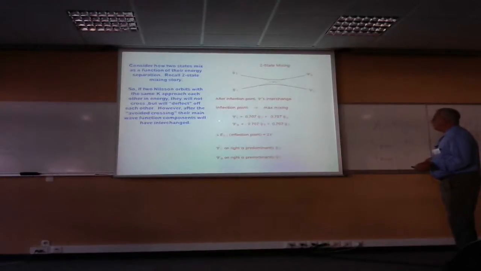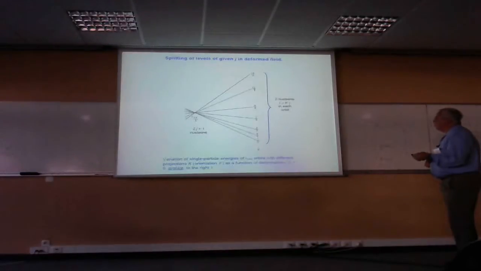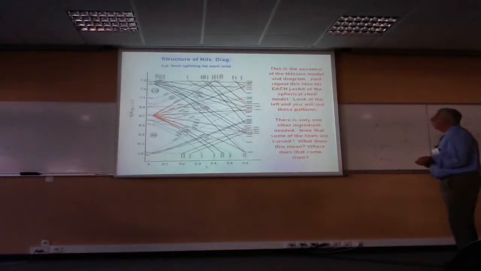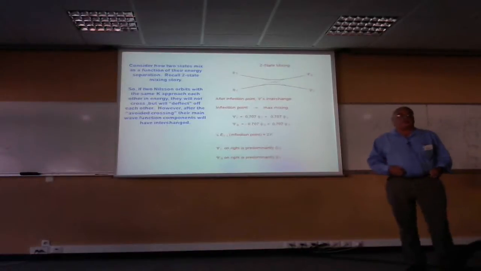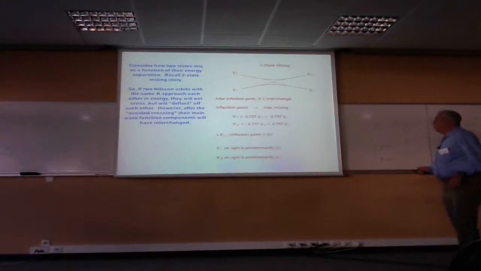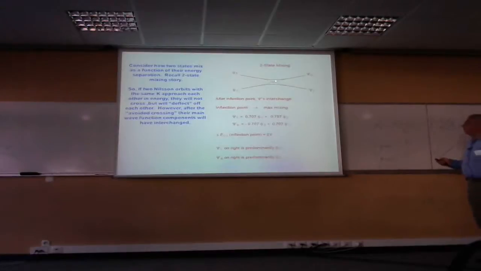On the other side, this wave function will actually look more like that one, even though it started off here and you can draw this continuously. And this wave function will look more like that one. So these levels will approach each other and curve away, and that's the origin of the curvature in the Nilsson diagram. And at the inflection point, the separation has to be twice the interaction.